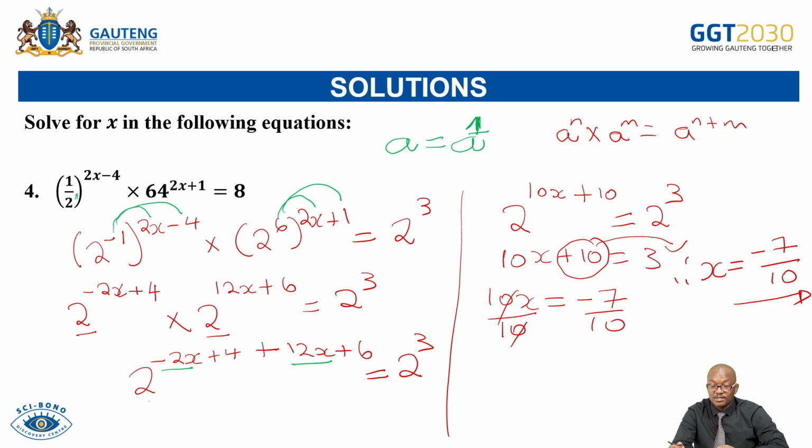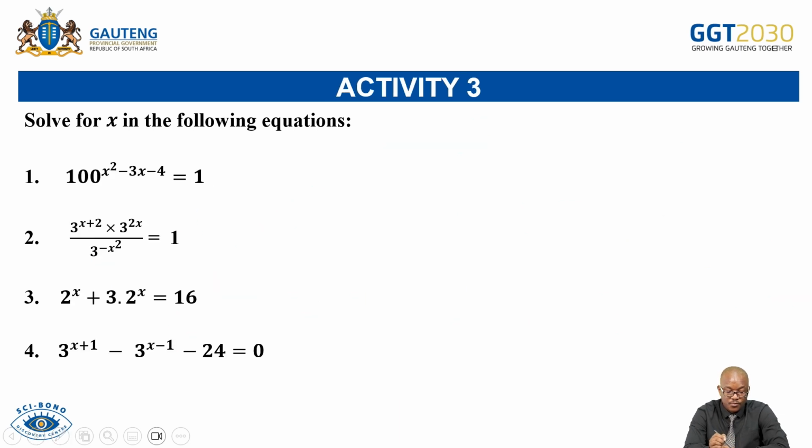So now that's what we are going to get there as our value of x. Remember, you need to take things step by step. Okay? Now, that is activity number 2. We move to activity number 3.